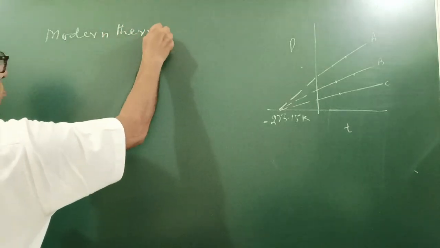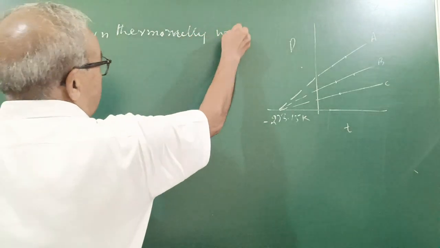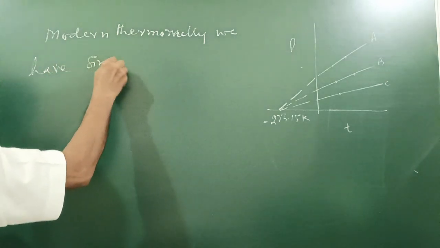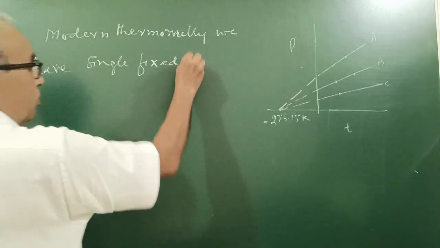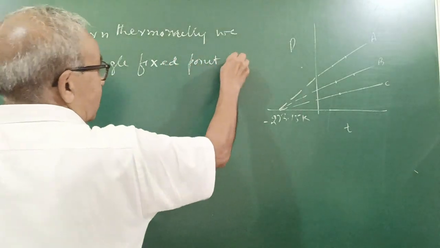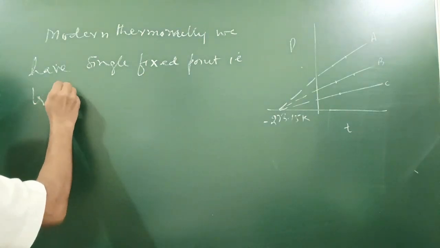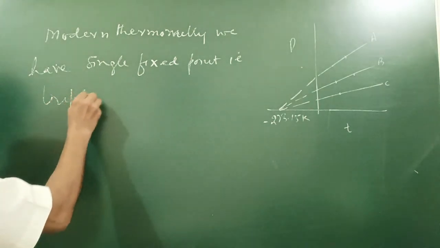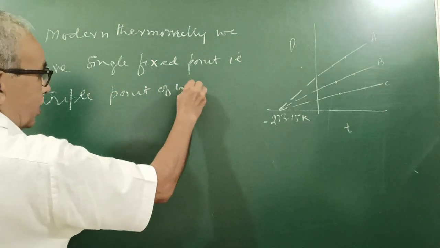But in modern thermometry, we have a single fixed point, that is the triple point of water.